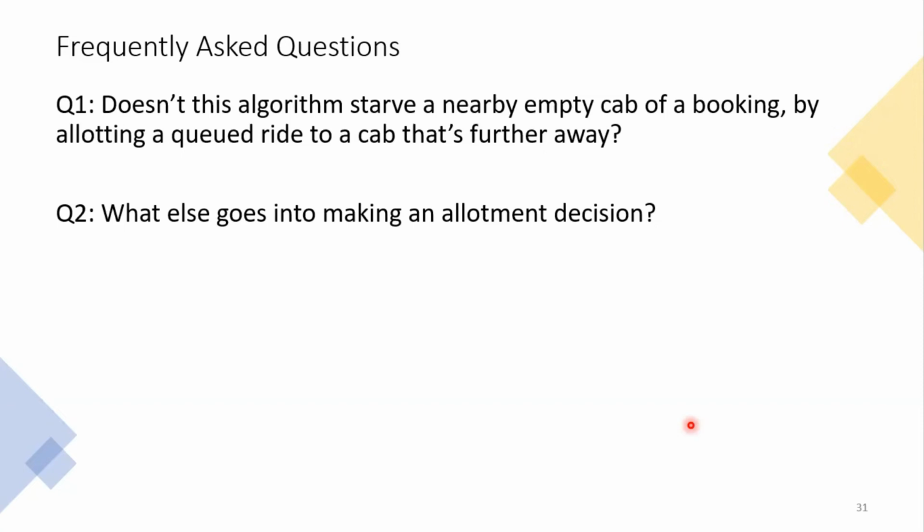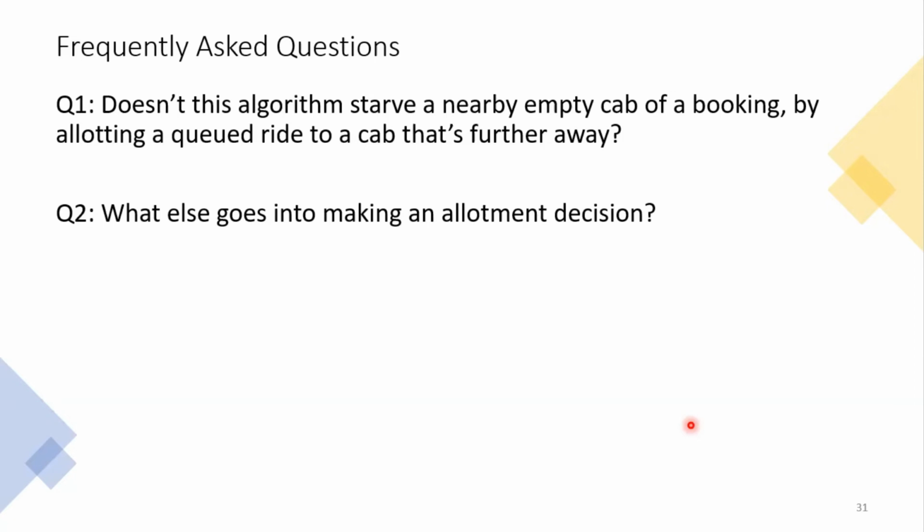Now, you can take a decision whether you want to allot that micro or mini ride to this prime cab, which is just waiting, so that you can get some revenue rather than just keep it waiting and starving for a long time. Or are you willing to wait for another couple of minutes and wait for someone to actually make a prime booking, which will earn you higher revenue, right? So how do you want to handle your product mix? It's an important thing that goes into making an allotment decision.